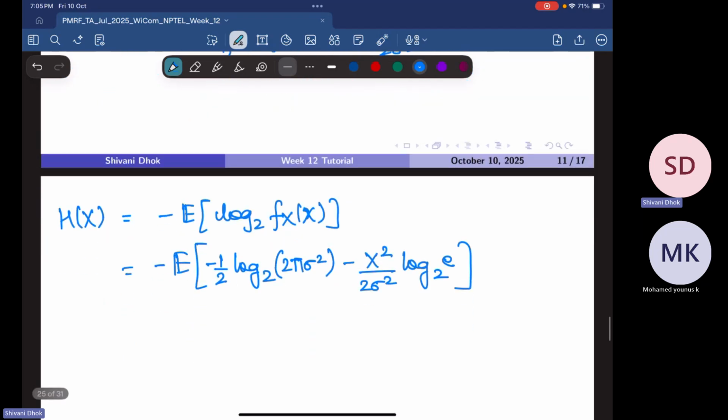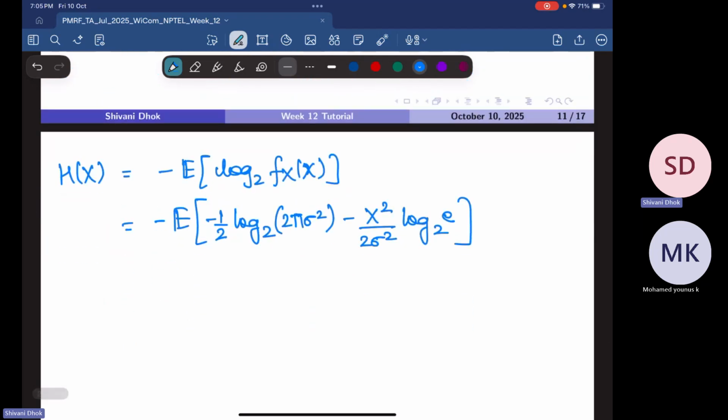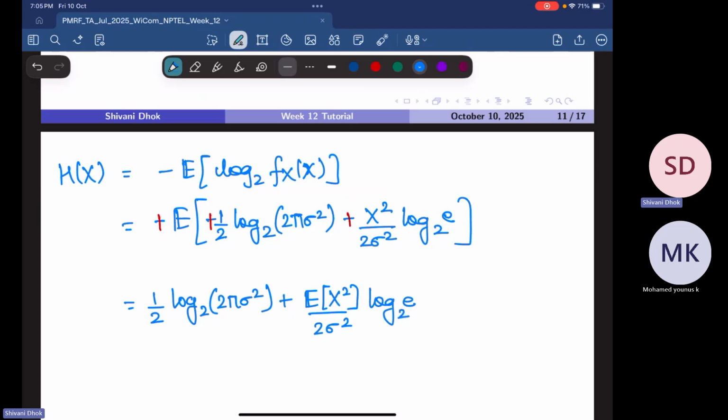The only random variable in this equation is your capital X square, so the rest are constants. There is a minus sign outside, so if I take it inside, everything becomes plus. So this is half of log of 2 pi sigma square plus expectation of x square upon 2 sigma square log of e to the base 2.